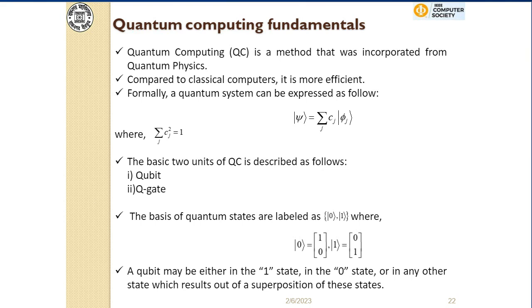This notation is referred to as the ket notation, KET. I'm afraid I do not have any pointer over here or any other tools to point it out or to write something. So the ket psi, or the wave function, is given by this expression, which is a summed up expression of a complex coefficient CJ and another wave function phi j.